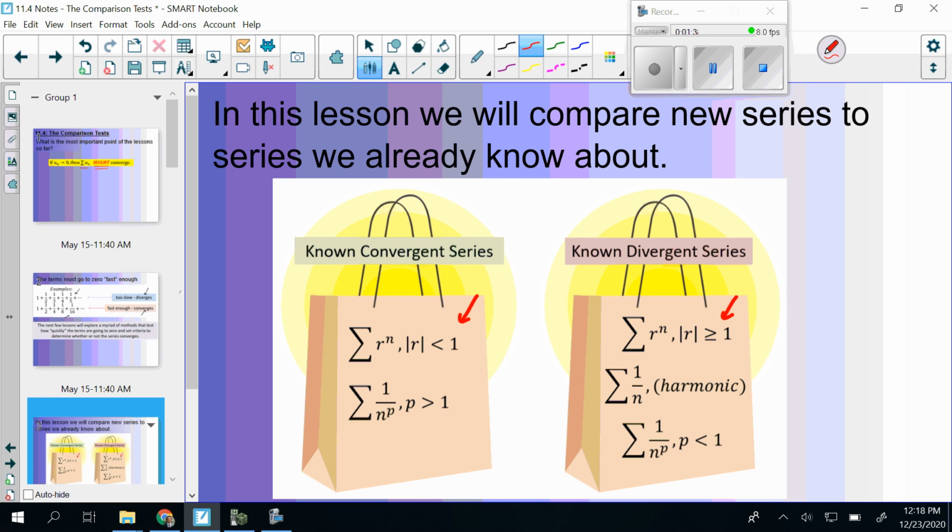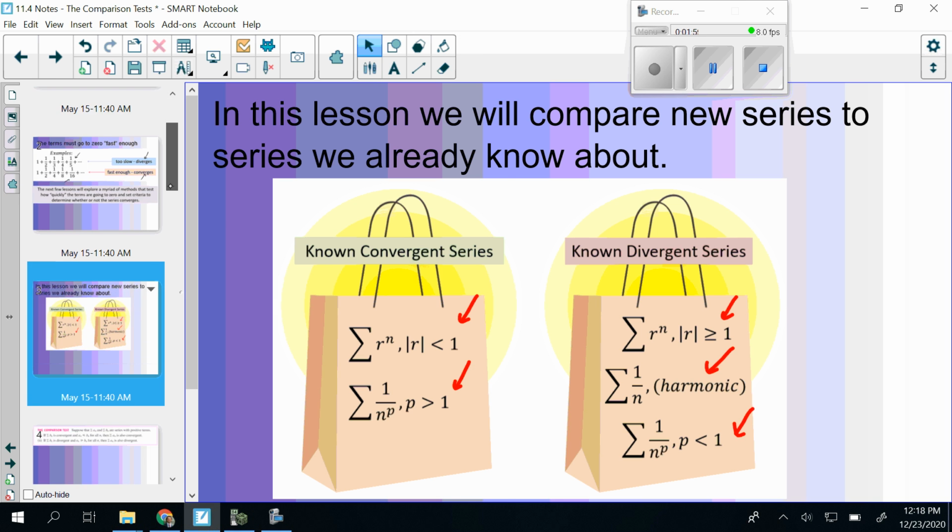If the exponent on our n is anything bigger than 1, it's going to converge. If it's less than or equal to 1, and if it's equal to 1, it's the harmonic one, then it diverges. So those are the ones we know about so far. We're going to look at some other ways to do that today.